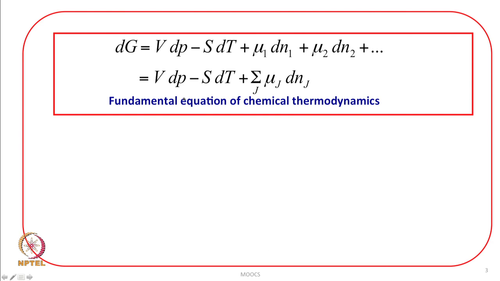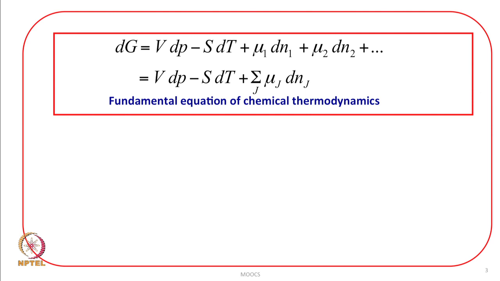We have just derived this equation: dG is equal to V dP minus S dT plus summation over J of mu J dnJ, and this equation is also known as the fundamental equation of chemical thermodynamics, because it gives information on changes in Gibbs energy when the pressure changes, when the temperature changes, when the composition changes.